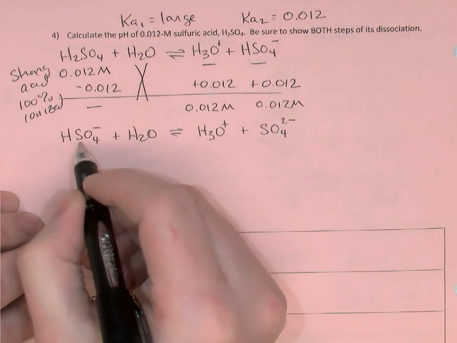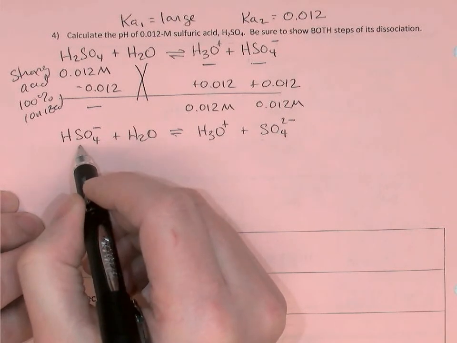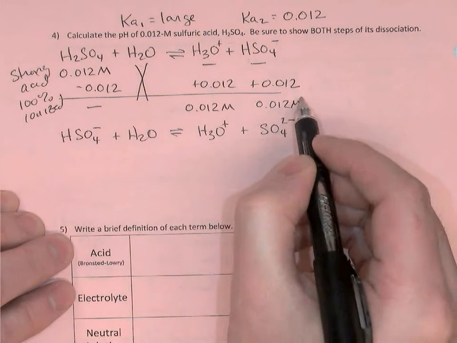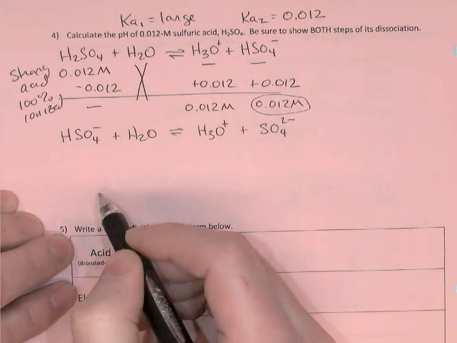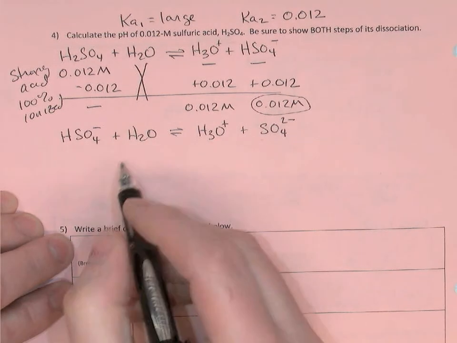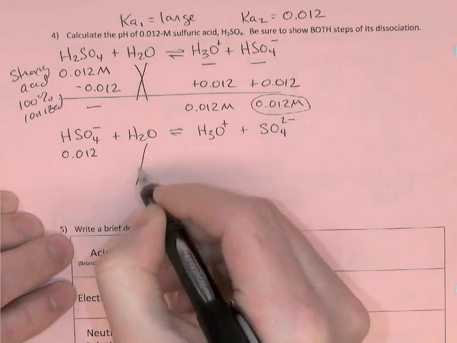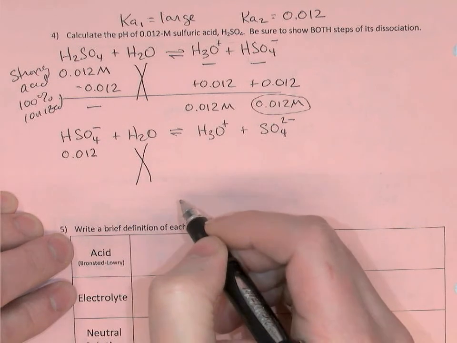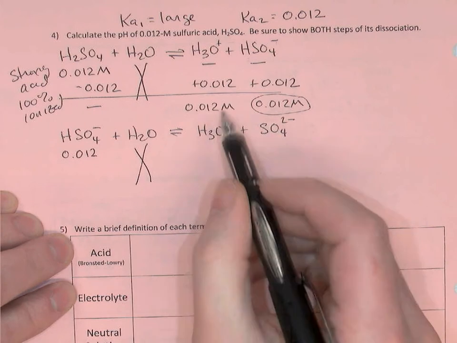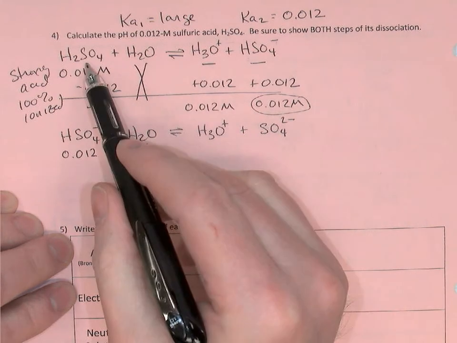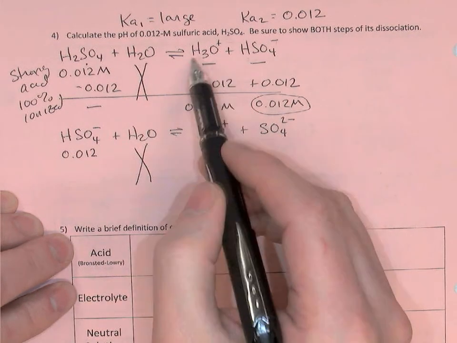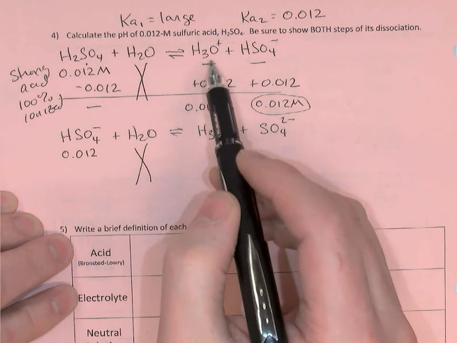The initial HSO4 minus concentration at the start of the second step is the final HSO4 minus concentration at the end of the first step, so 0.012 molarity. The water, like before, can be ignored. The hydronium, though, in the first step, we were putting this acid in water, and we ignored the little tiny bit of hydronium in water.